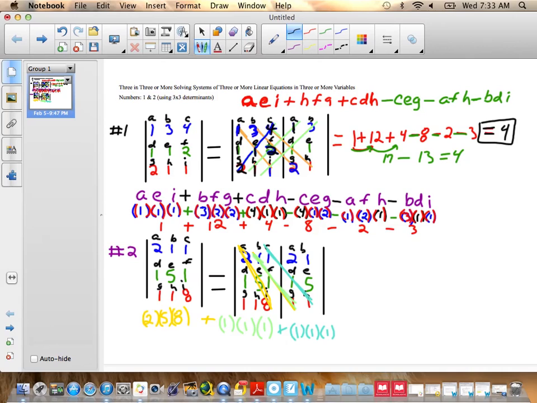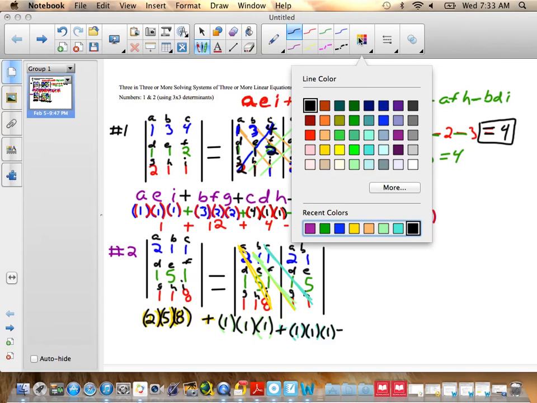Where I had them, I have 2, 5, 8, plus 1, 1, 1, plus 1, 1, 1. Now I'm going to go minus, and go back in the other direction. I'm going to speed it up a little bit. Hopefully you can follow along.